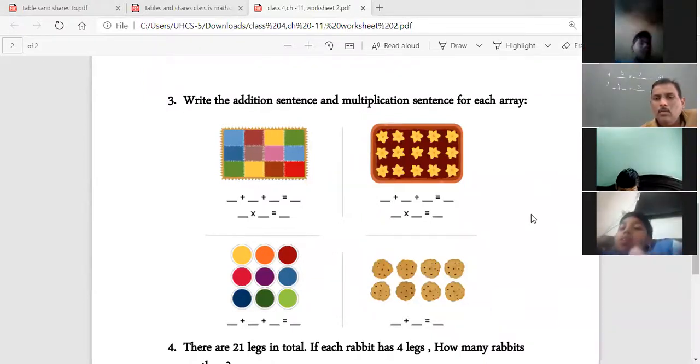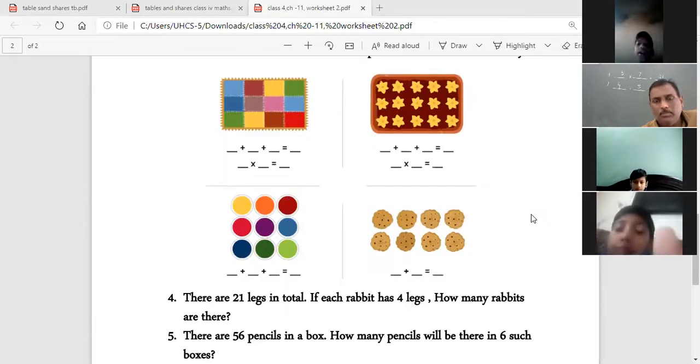Here we are doing with the help of addition and multiplication both.